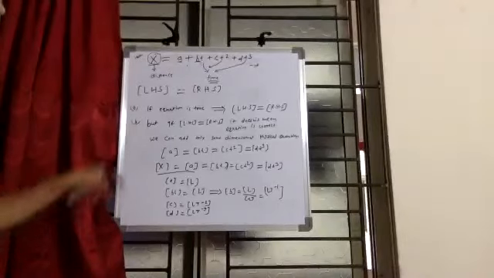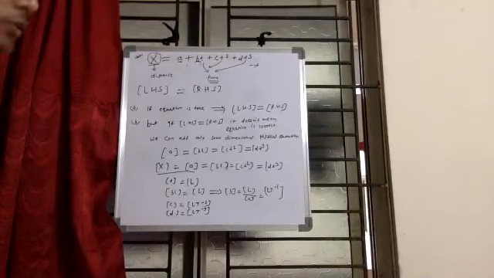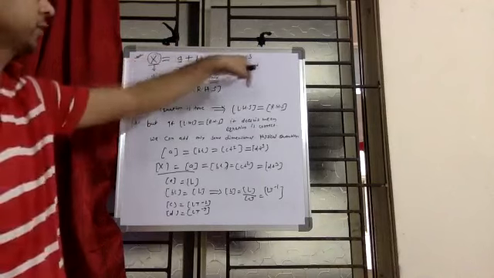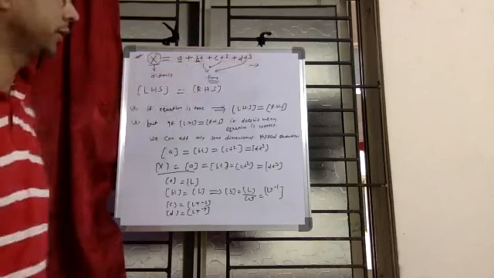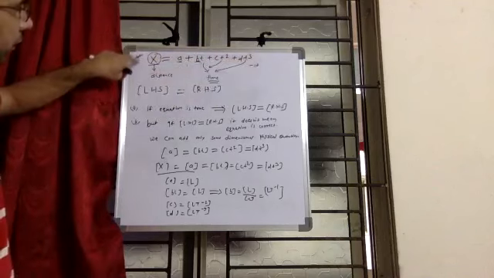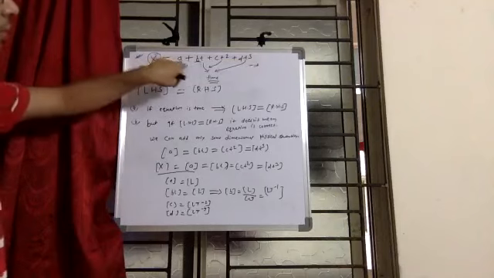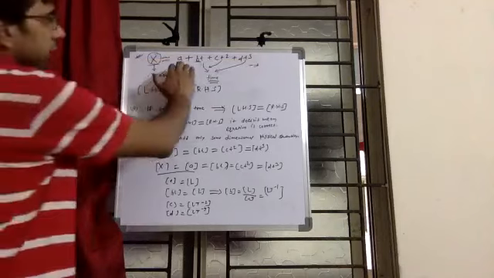Yes, sir. Okay. So what I said, if some equation exists, then the dimension of the left hand side physical quantity will be same as the dimension of the right hand side physical quantity.